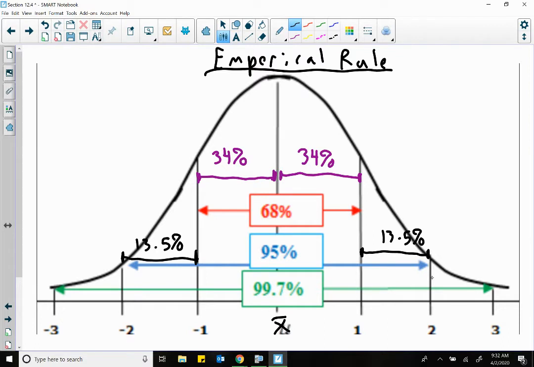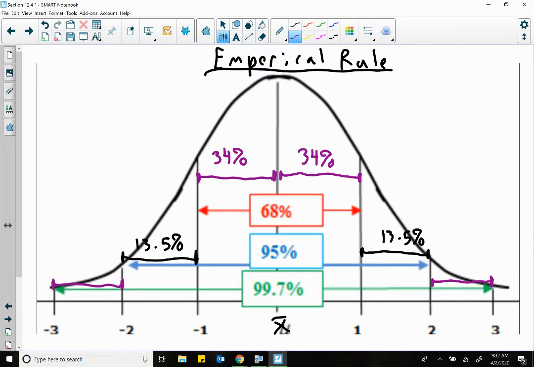And then how much is down here in my last distance between 2 standard deviations and 3? Well, again, think about what's going on. This full distance is 99.7%. But between 2 standard deviations, I've already got 95% taken care of. So 99.7 minus 95 gives us 4.7.